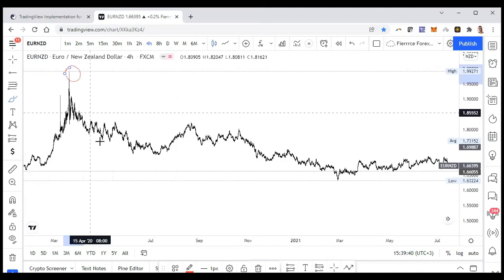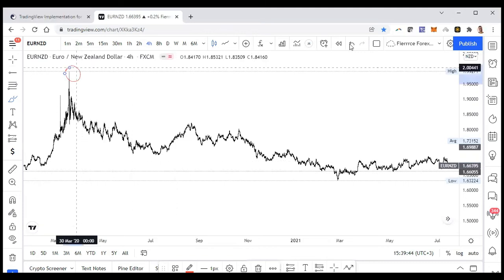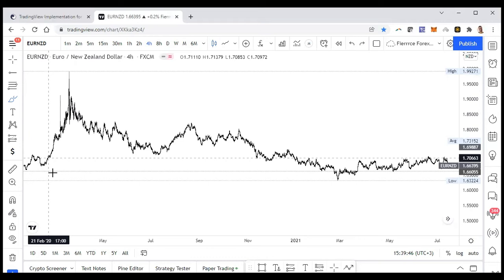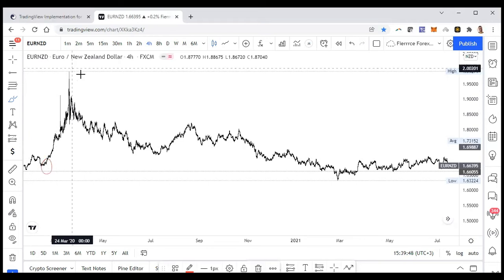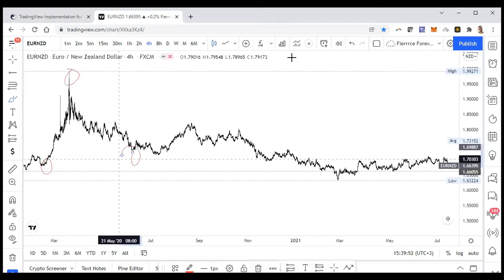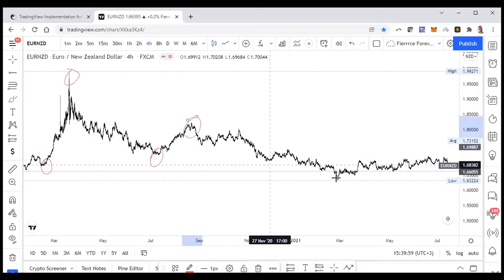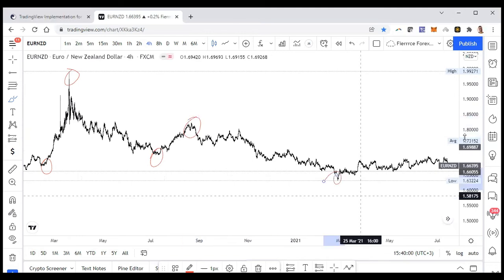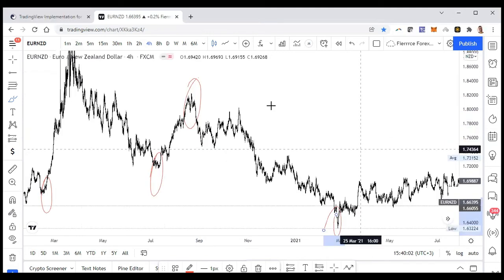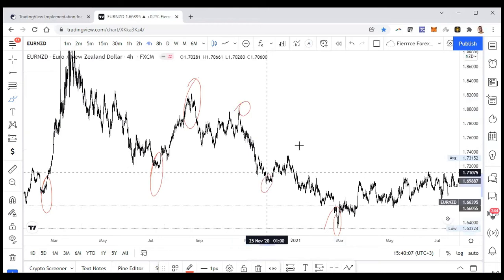And this high, or let me start with this and say, okay, there was a low here, there was a high here, there was another low here, possibly, or maybe I can even put it here on this low. There was a high here, there was a low here, and there are intermediary highs and lows here, okay?